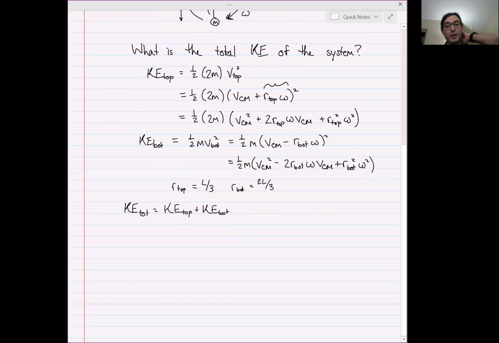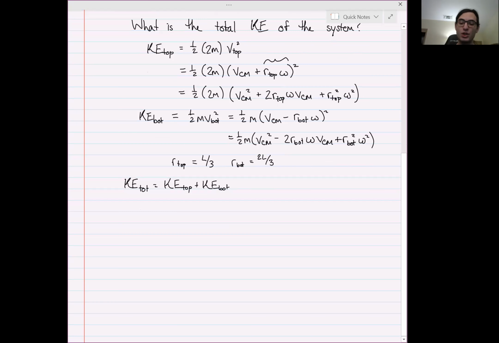So what I'm actually going to do is split up these terms. When I do this addition, I'm going to split up the middle terms from each of them and write them separately. So what we're left with is 1/2 times 2m times vcm squared plus L/3 squared omega squared.